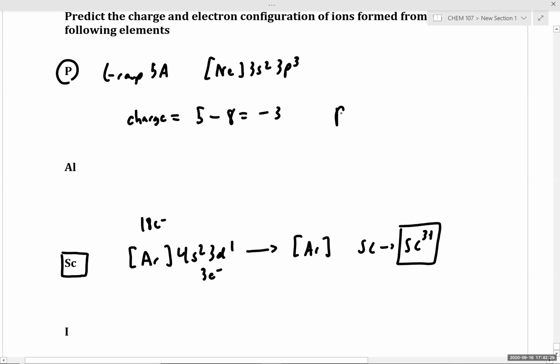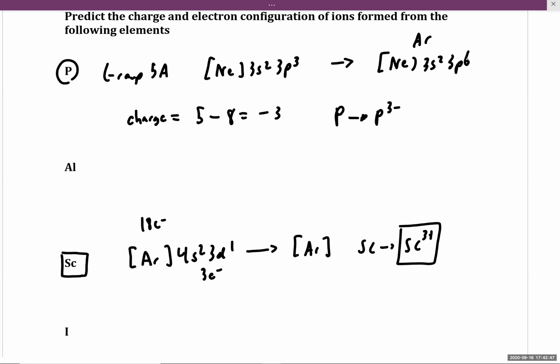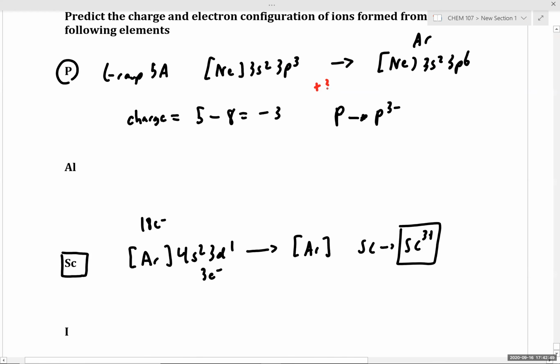So we'd predict that phosphorus would form the ion phosphorus 3 minus. Why is that? In order to reach the noble gas configuration for argon, which is neon 3s2 3p6, we'd need to gain a total of 3 electrons. Does this first example make sense?